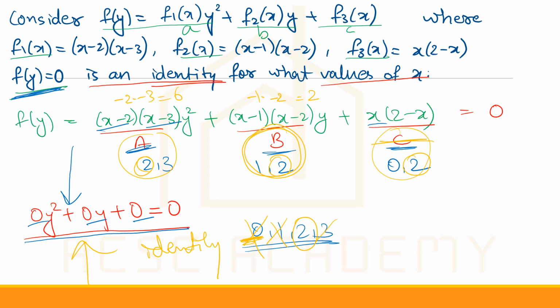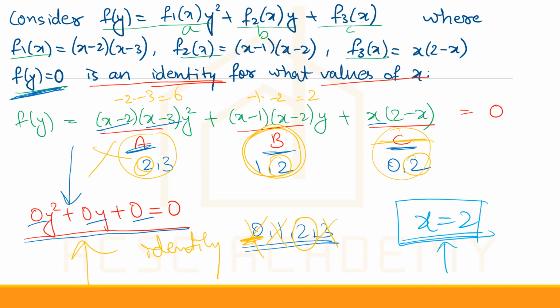Similarly, for 3, only A will be cancelled out, the other 2 will be there. So as a result, we got only one particular value of x, which is 2, for which this f of y equal to 0 will become an identity. So this is our answer, that only for one single value of x, that is 2, we will be getting f of y equal to 0 to be an identity in y. So this is how we could solve this problem.